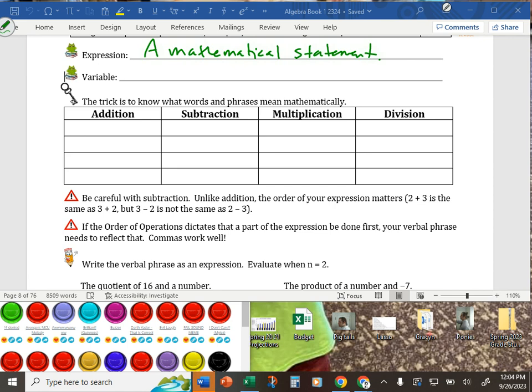Because sometimes, if I have 3 plus 2 here, someone might refer to that as an equation, but it really isn't. What's the difference between an expression and an equation? An equal sign. You're on it today. Yeah, an equal sign.